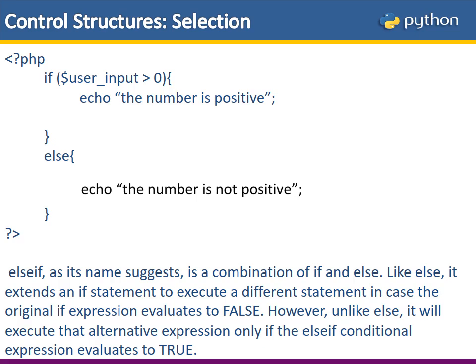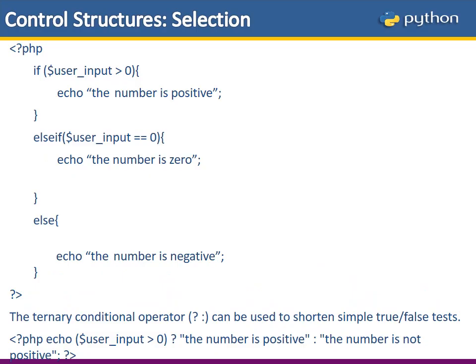Like else, it extends an if statement to execute a different statement in case the original if expression evaluates to false. And unlike else, it will execute that alternative expression only if the else if condition expression evaluates to true. Let's see a code example.